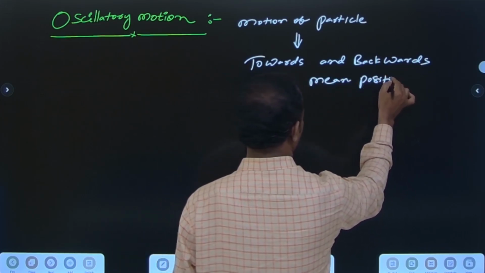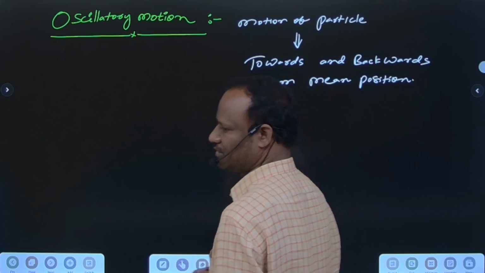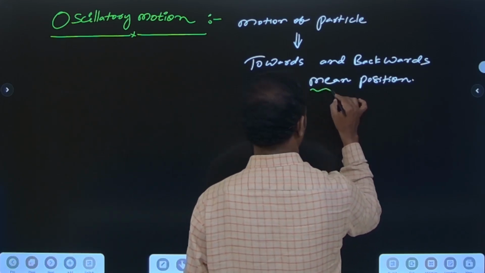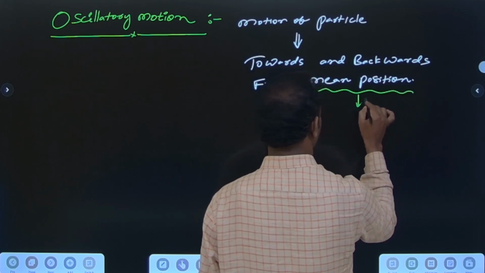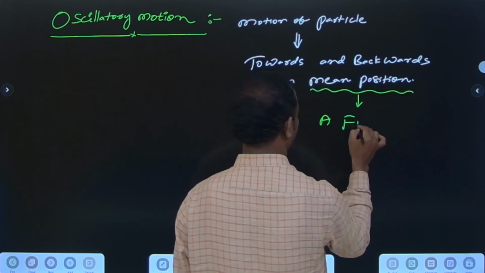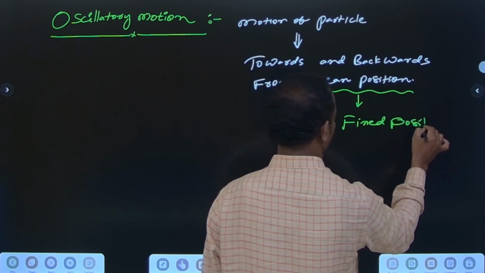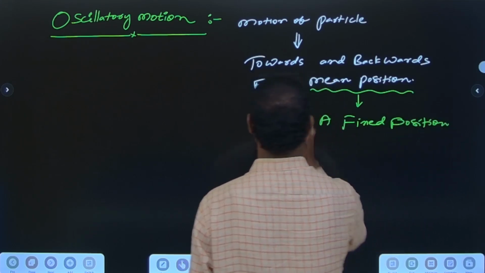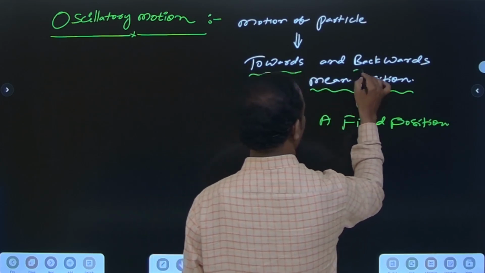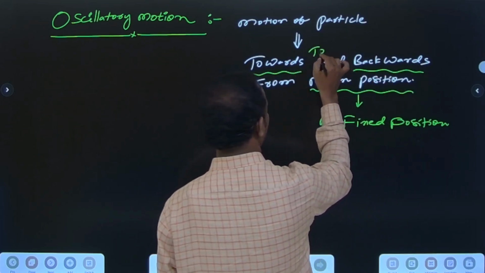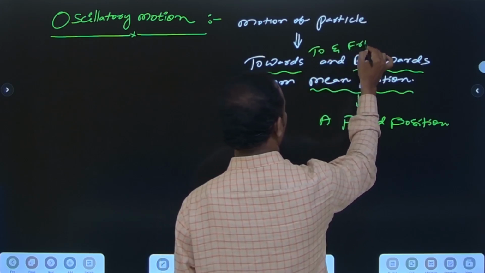Mean position means a fixed position. So this is towards and backwards. Towards and backwards means you can say to and fro motion.